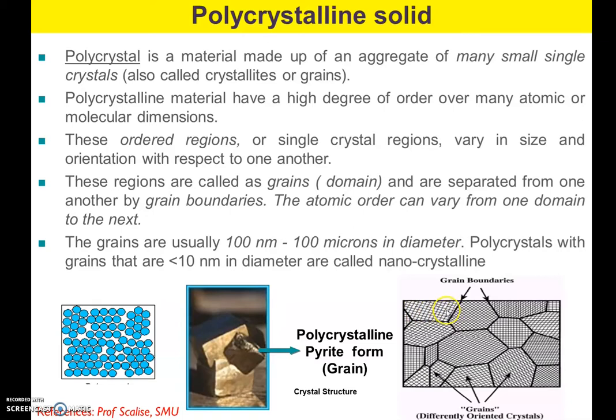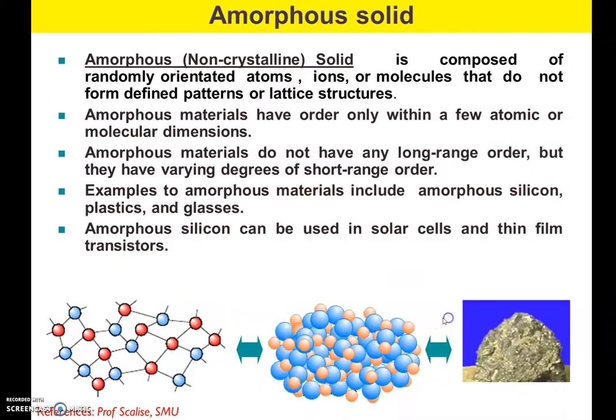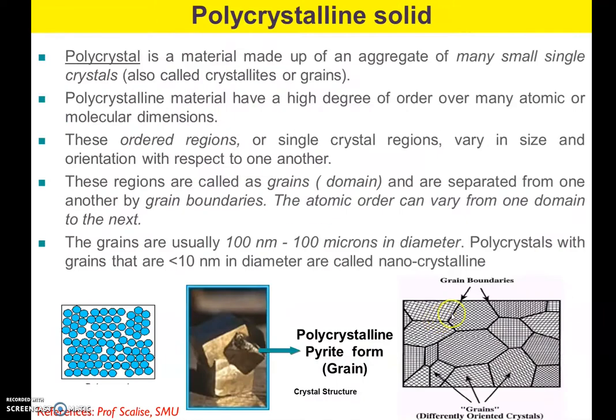Essentially, you have these grains, and inside a grain you have this long range order, and all the atoms are arranged in a particular fashion, and as soon as you go to the next grain, you can see that the order and the pattern completely changes. Okay? And so they are divided by well defined grain boundaries.